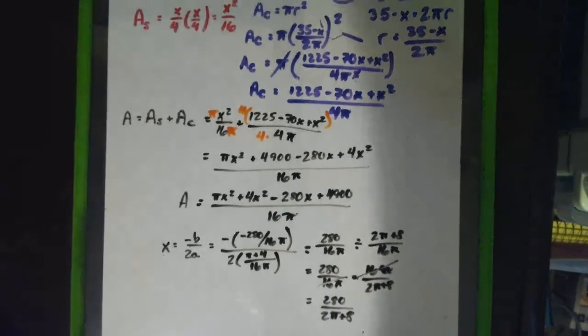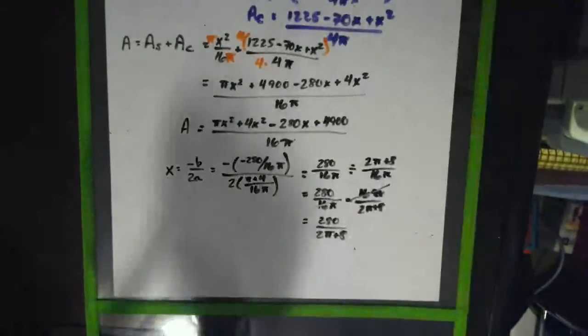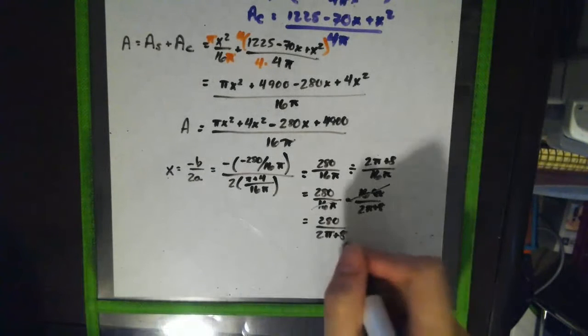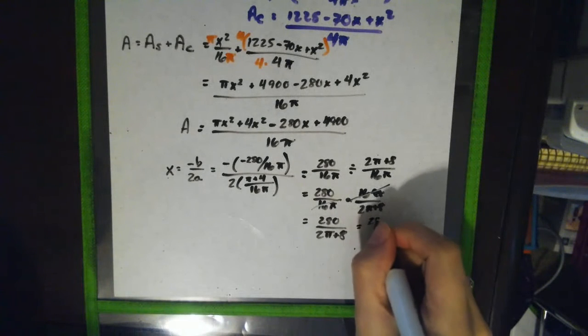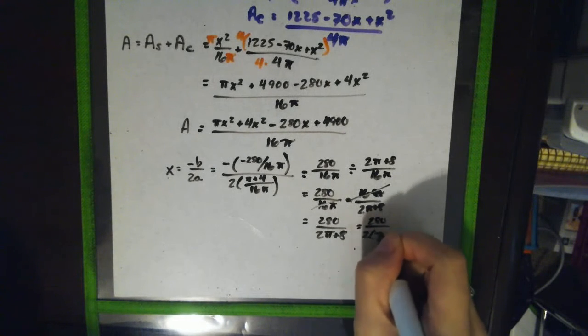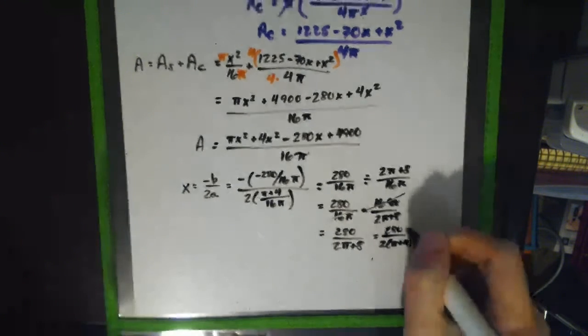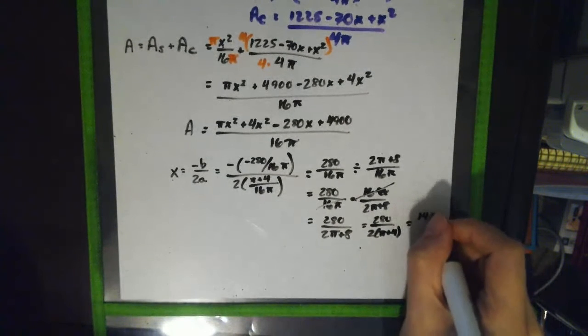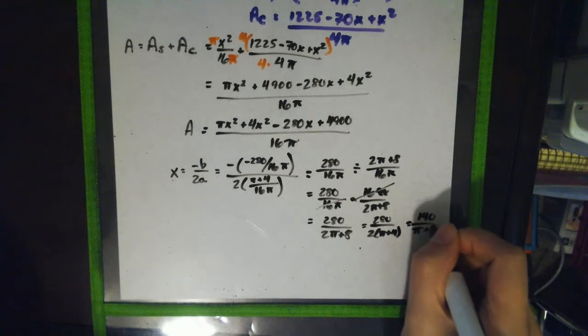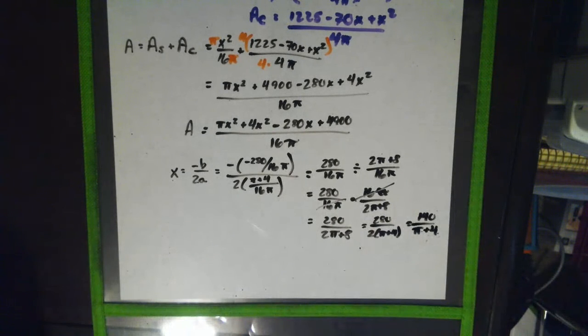You may have noticed I could factor out a factor of 2 and it'll end up canceling out. If I do that, then I'm going to get to 280 over 2 times pi plus 4, which reduces to 140 over pi plus 4. In the end, it's not going to matter.